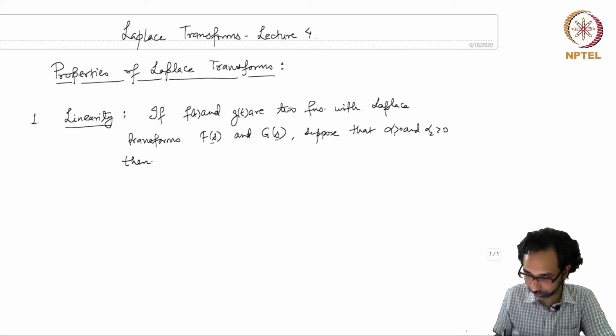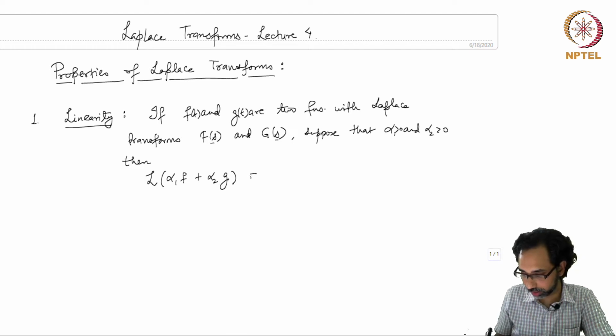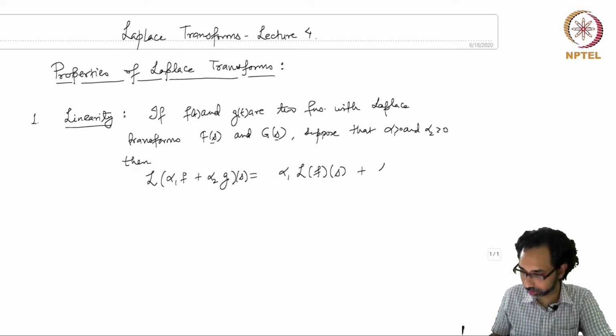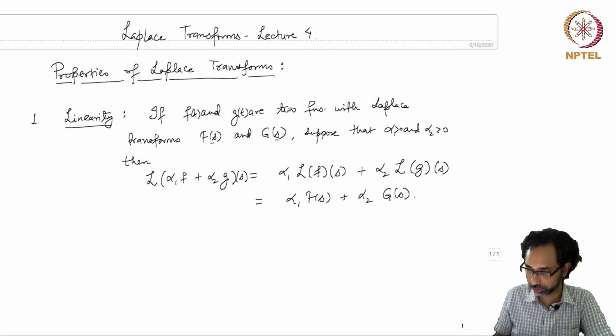then the Laplace transform of the function alpha 1 f plus alpha 2 g, which is a variable in s, is given by alpha 1 Laplace transform of f with variable s plus alpha 2 Laplace transform of g with variable s, and this is nothing but alpha 1 F(s) plus alpha 2 G(s).